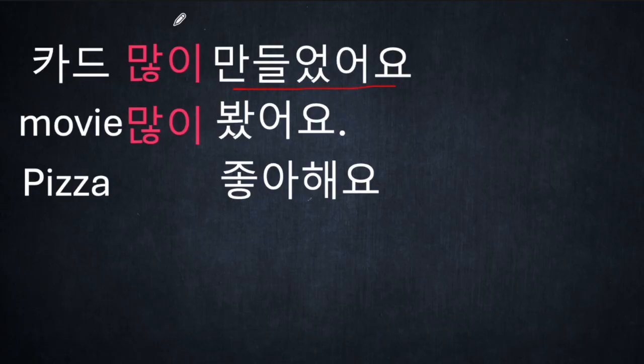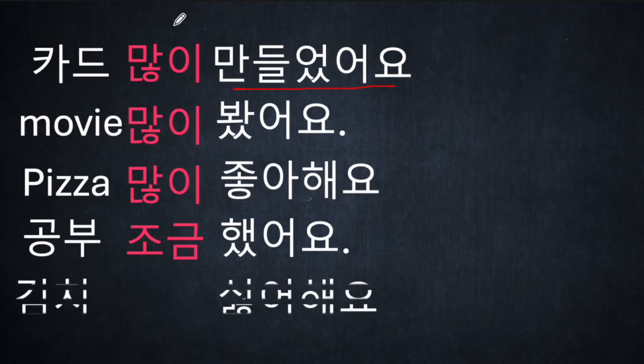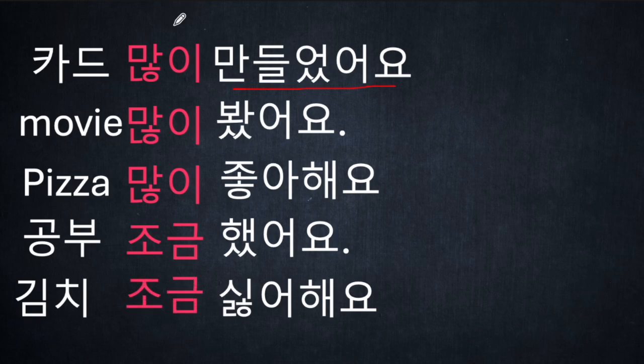You like pizza a lot. 피자 많이 좋아해요. 공부했어요. You studied. I studied a little bit. 공부 조금 했어요. Okay. And then 김치 싫어해요. I don't like kimchi. 싫어해요. I don't like kimchi just a little bit. Okay. 김치 조금 싫어해요.